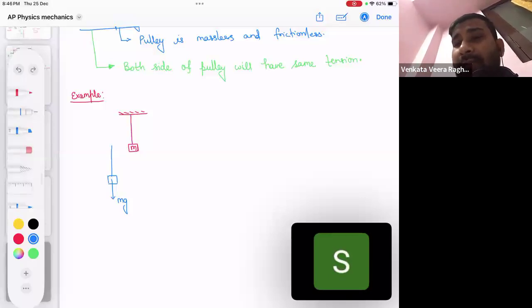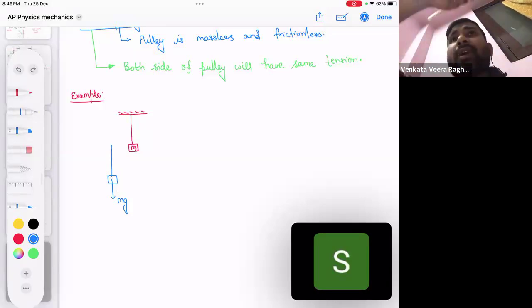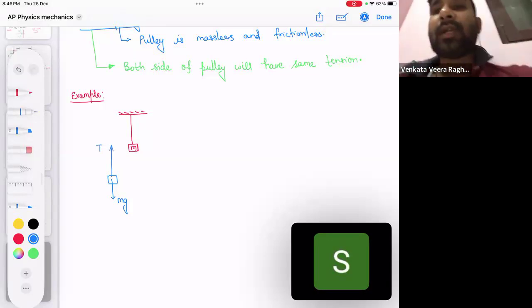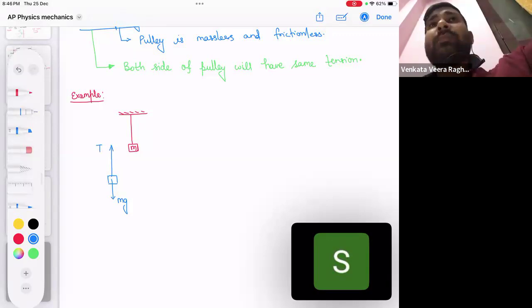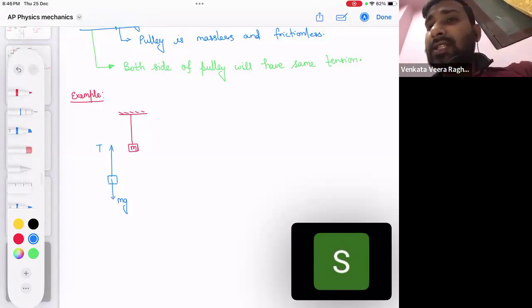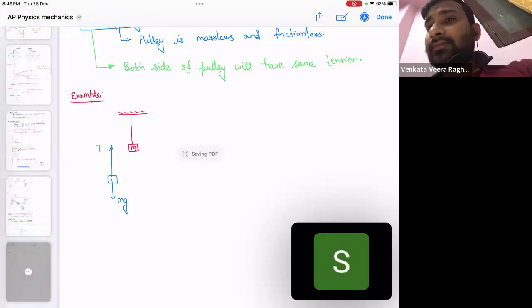The string will be trying to pull the block, so that is the direction of the tension. The tension and mg are the only two forces acting on it. Clear? This is also called the free body diagram of the block.